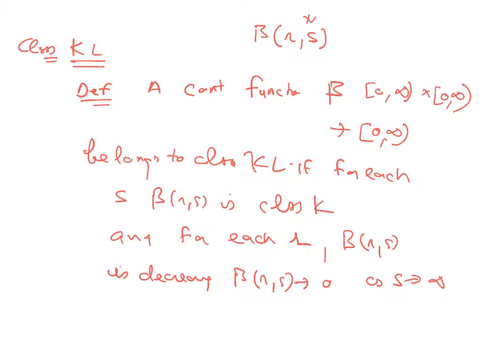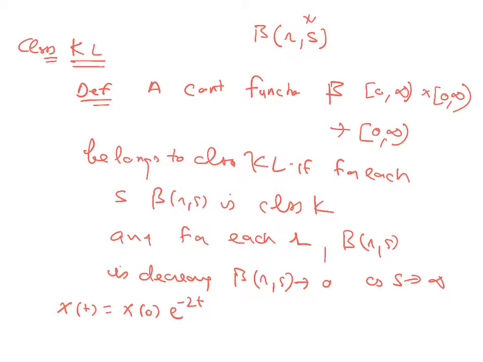So if you fix your r and increase your s, s can be time, and r can be the initial condition. An example would be x(t) = x0 e^(-2t). Here t is s. If you fix t and increase x0, it increases, and at x0 equals 0, it is 0.